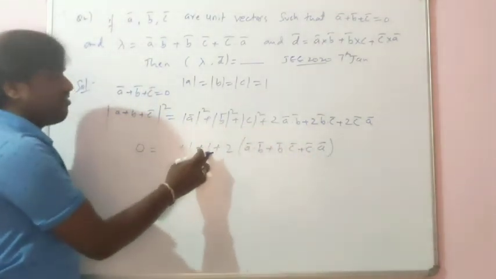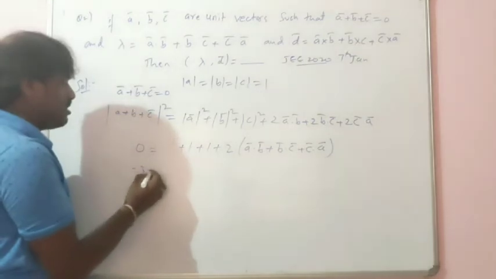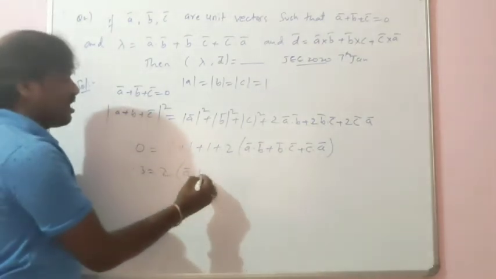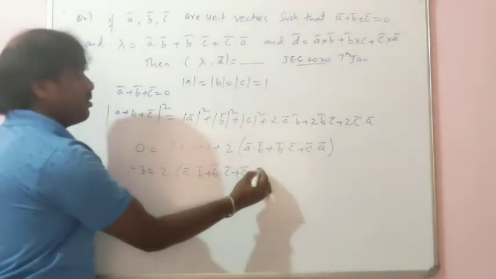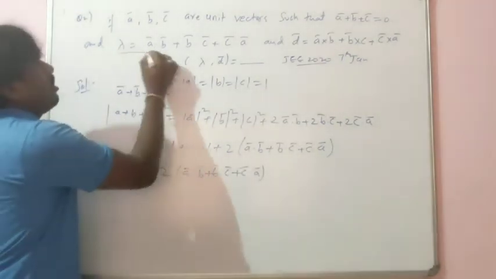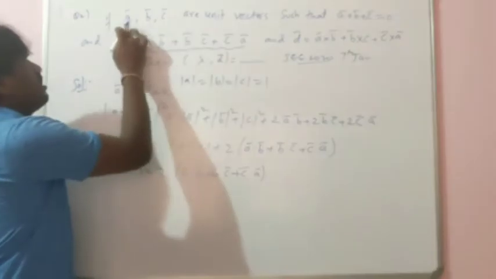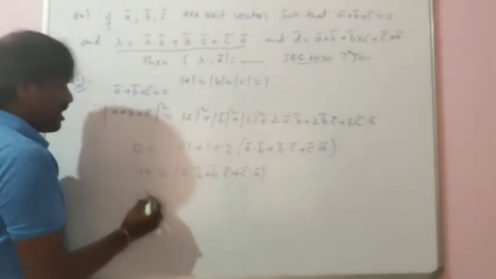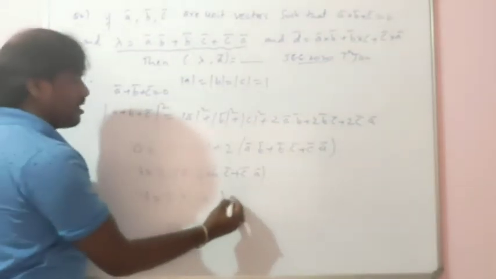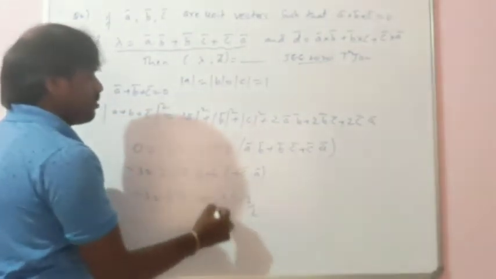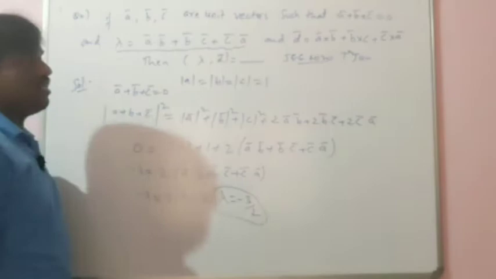If I send this to the other side, I get minus 3 equal to 2 times (A·B + B·C + C·A). But it is given that this is lambda, so minus 3 equals 2 lambda. It means lambda equals minus 3 by 2.